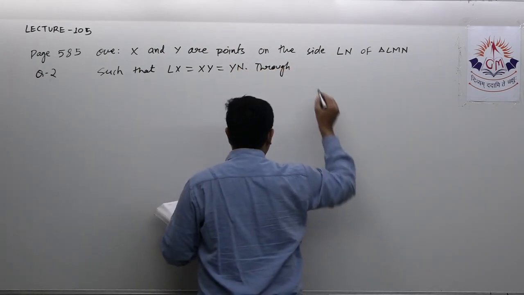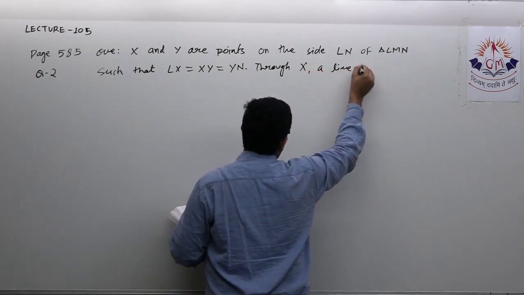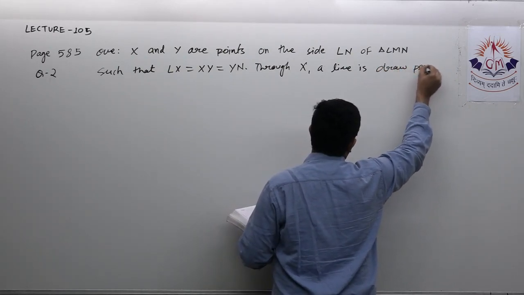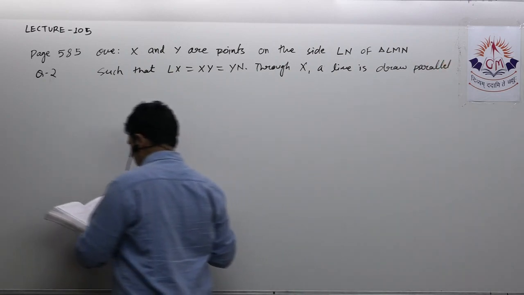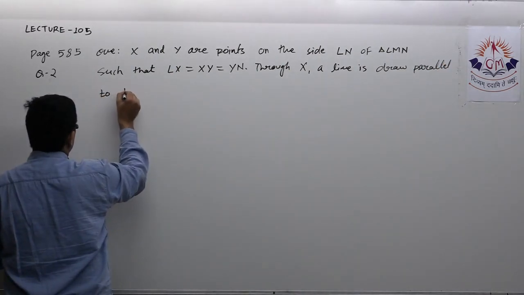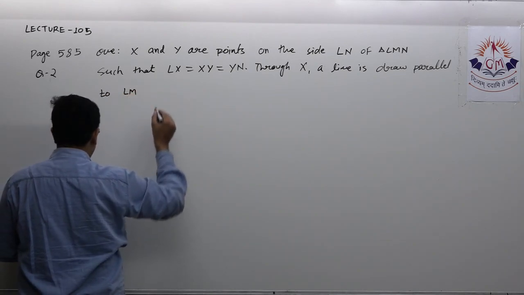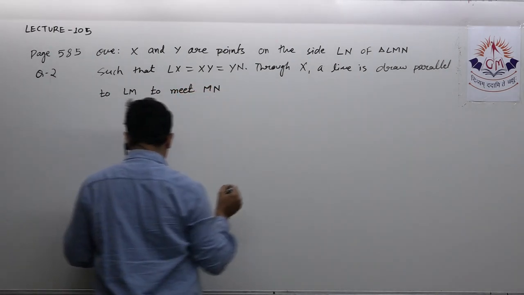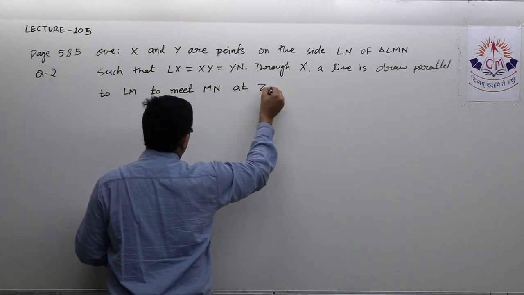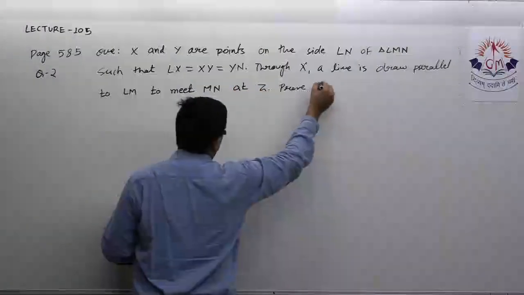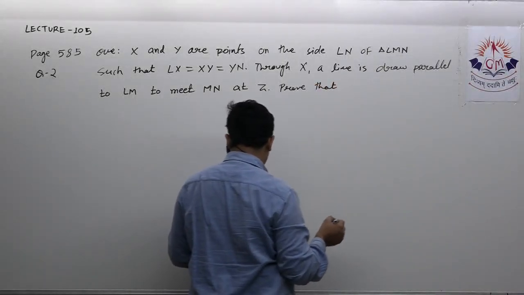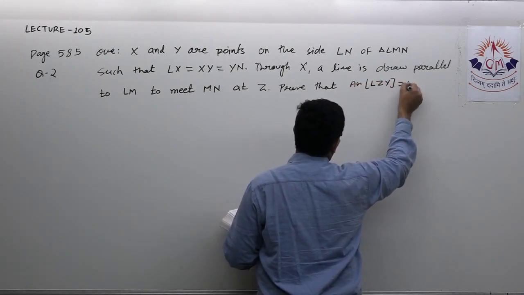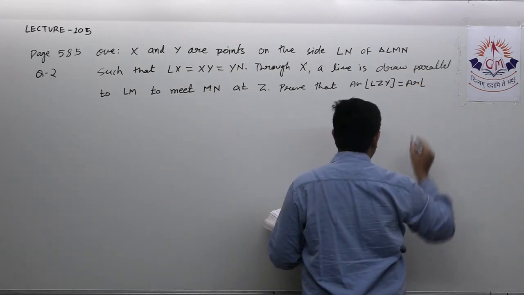Through X a line is drawn parallel to LM to meet MN at Z. Prove that area LZY is equal to area MZYX.